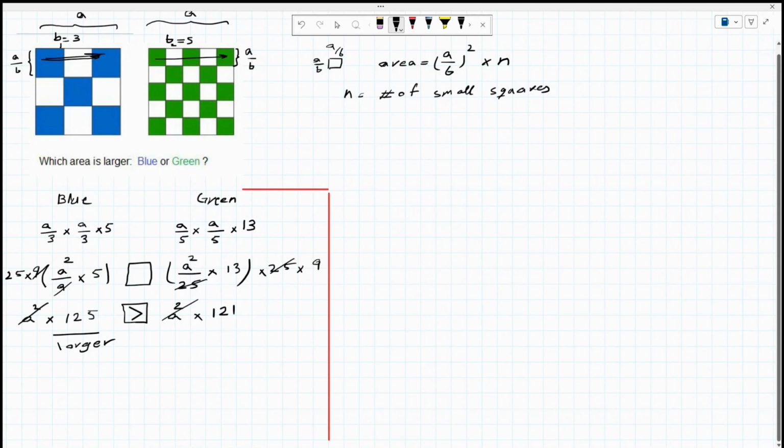If I want to introduce n better in this example, on the left side n was the number of blue squares, which is 5, and on the right side n was the number of green squares, which was 13. But about the general rule, we have to find n as a general rule.